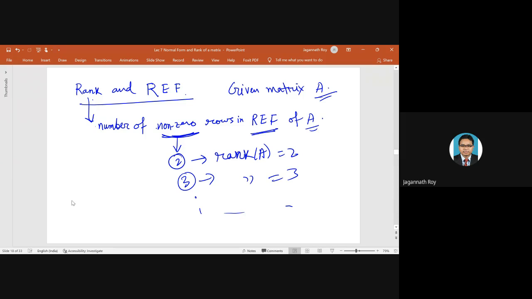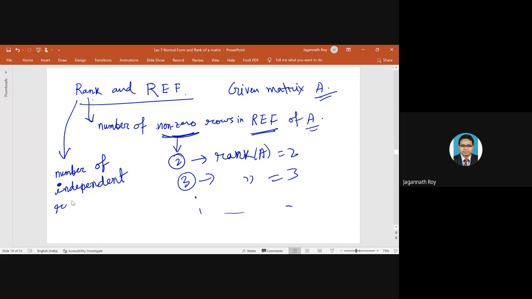Because the original definition of rank is the number of independent rows or number of independent columns. But we have seen that if the matrix size is large, it is difficult to find out that independence easily. Right.